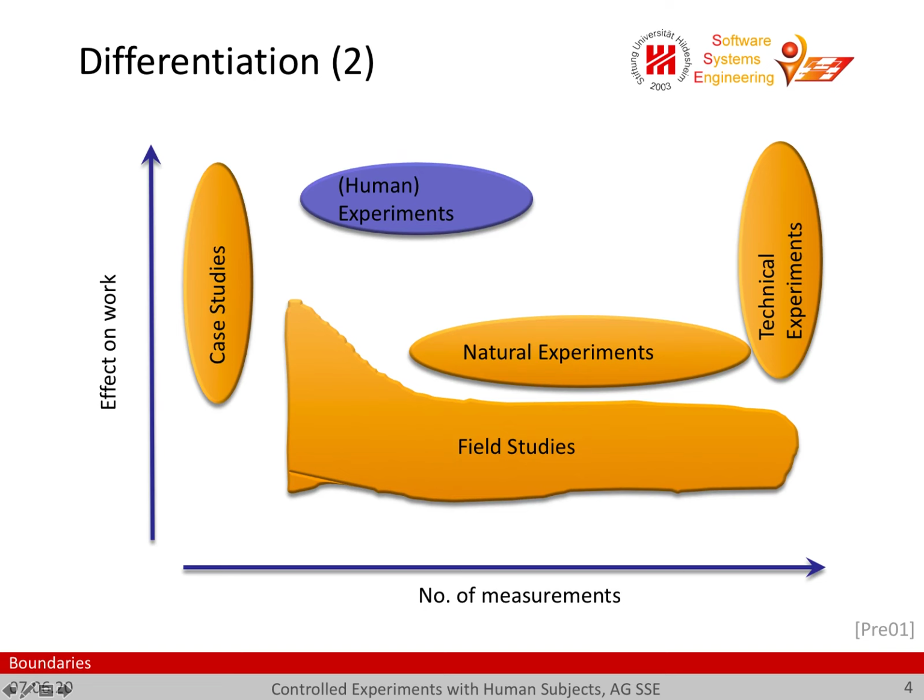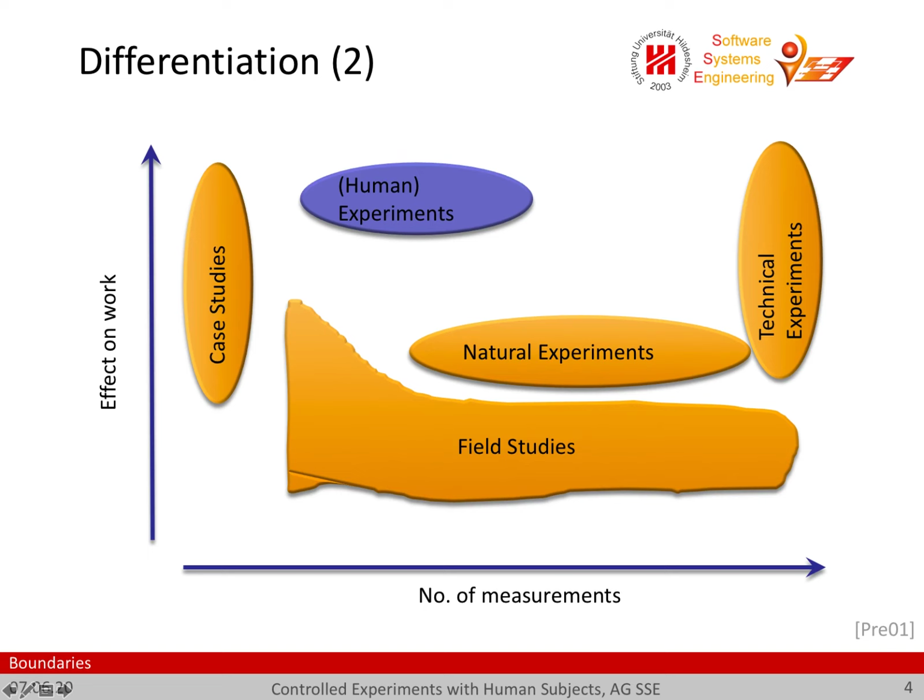The main characteristic I would like to show you here is that human experimentation has a pretty strong effect on how people work, as opposed to some other kinds of experimentation, like field studies, where you basically go to an environment where you try to observe something, or natural experiments, which come about in rather natural situations, again, not impacting the way people behave and work too much.